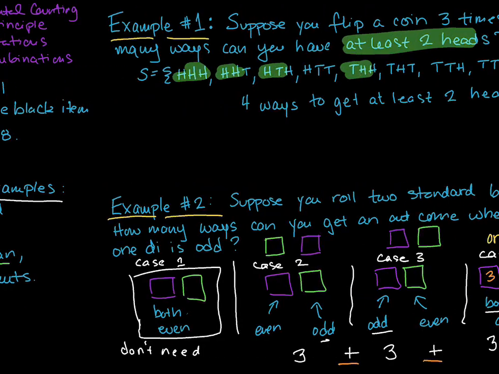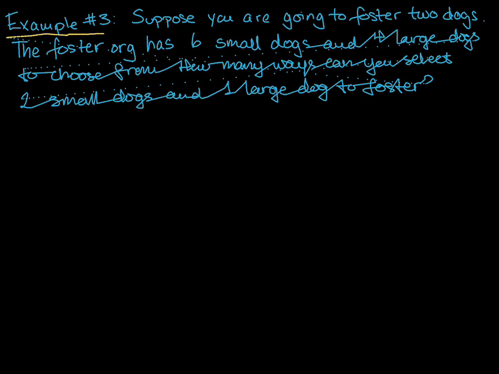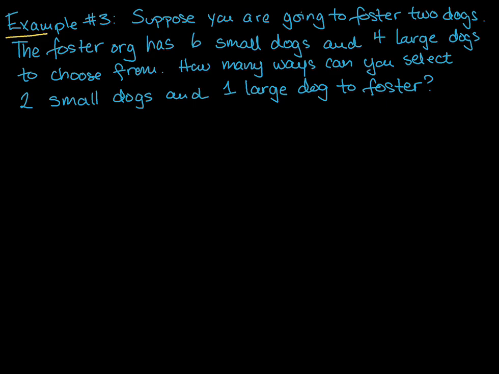All right, so the first example we have here is, suppose you are going to foster, actually I changed it to 3 dogs. Started off as a 2-dog problem, and then I decided 3 dogs would be more illustrative. Okay, so the foster org has 6 small dogs and 4 large dogs to choose from.